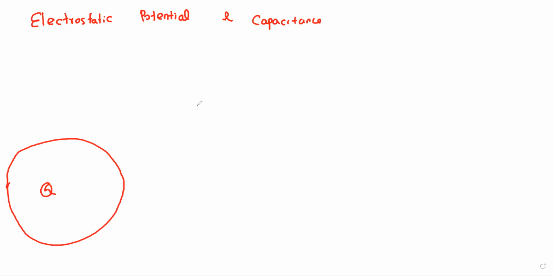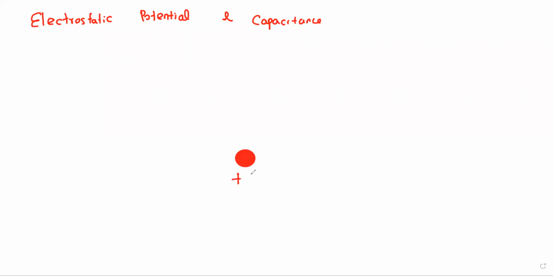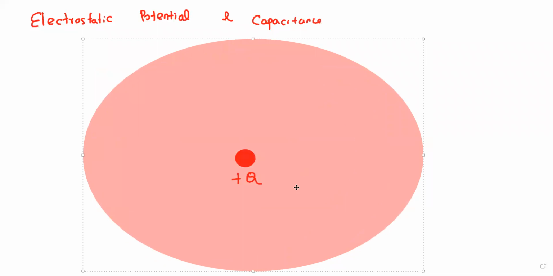So let me say this is charge q, let it be plus q. Surrounding this plus q, we have an electric field. Let me draw it like this, a huge electric field.